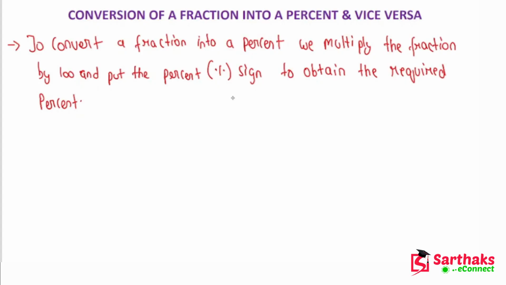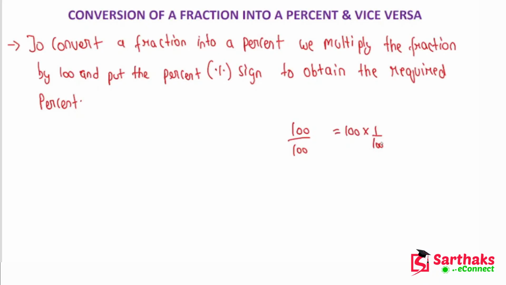So what is the procedure? Take the fraction, multiply it by 100 and put the percentage sign. See, what you are actually doing is, we all know that multiplying and dividing by the same number does not make any change. It is equivalent. What you are actually doing is multiplying by 100 and dividing by 100.